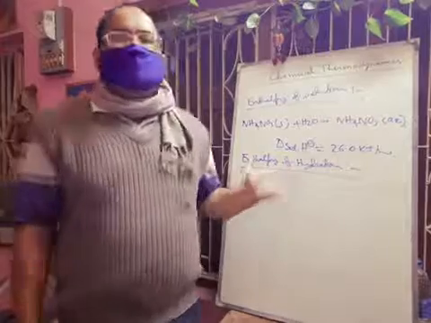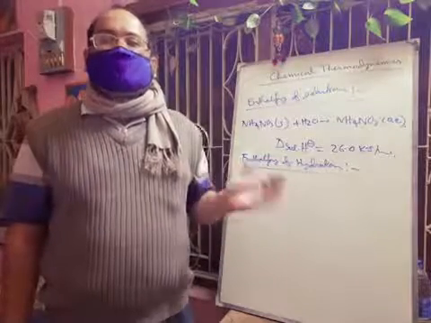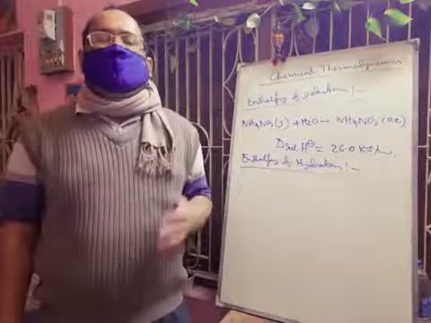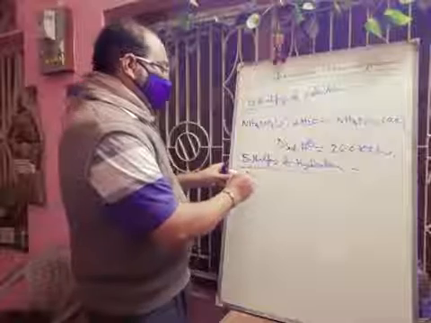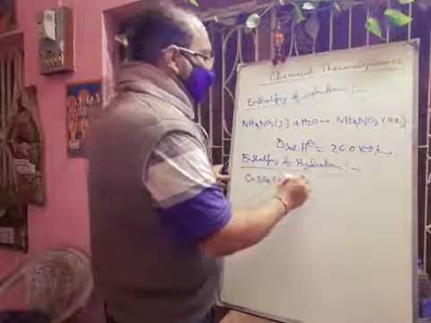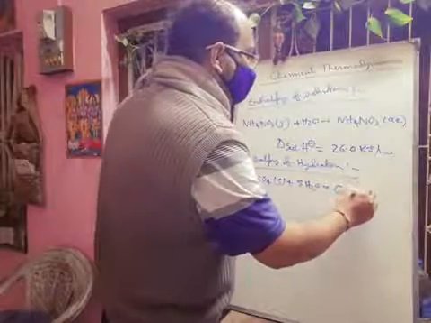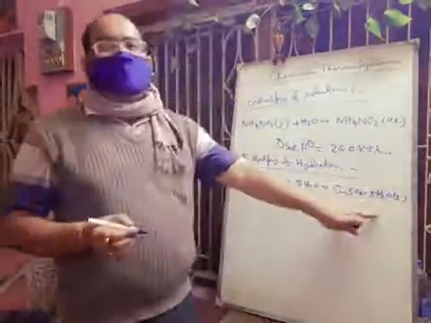Enthalpy of hydration is defined as the enthalpy change when 1 mole of an anhydrous or partially hydrated salt combines with water to form the hydrated salt. We can think about anhydrous copper sulfate, CuSO4 solid. If we add 5 water, it will form CuSO4.5H2O solid, hydrated copper sulfate.